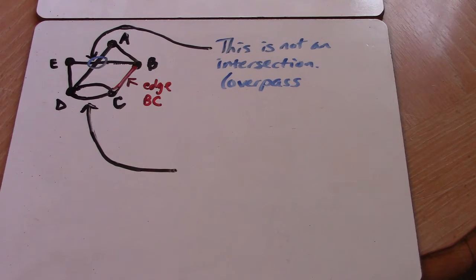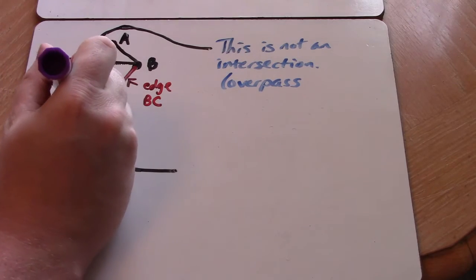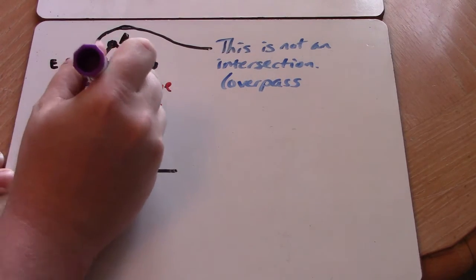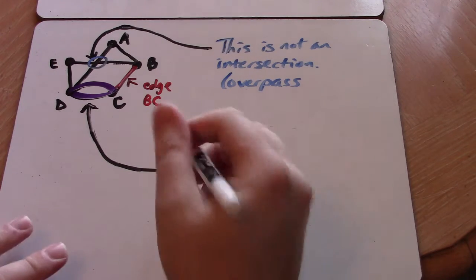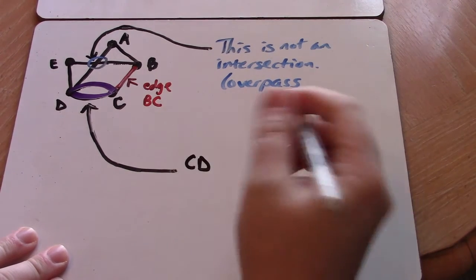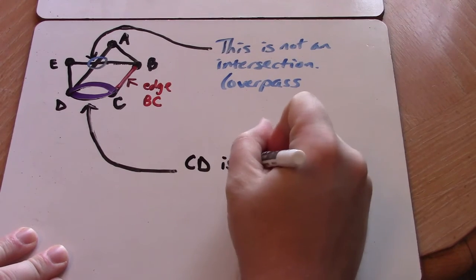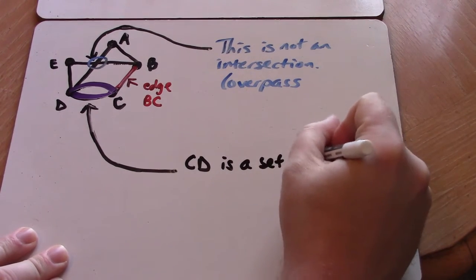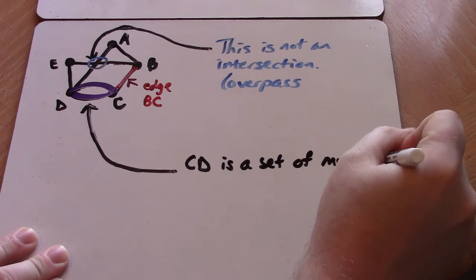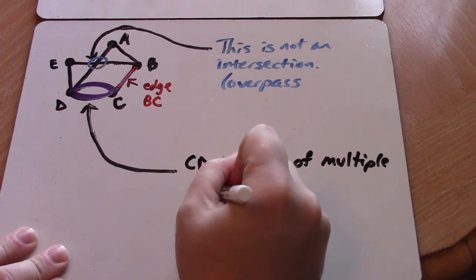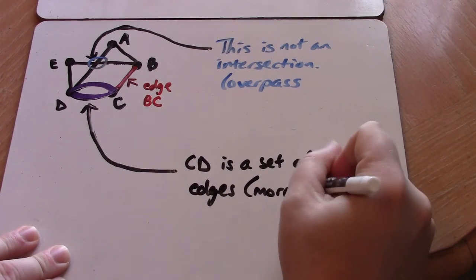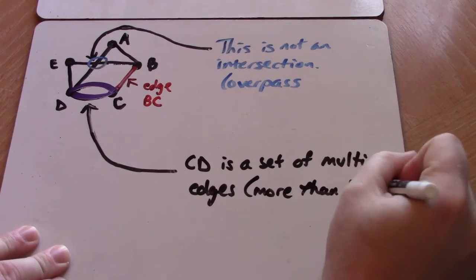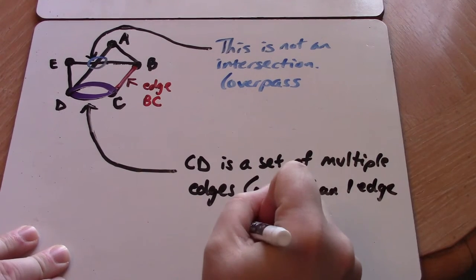Secondly, you'll notice a pair of edges that both start at C and end at D. Those edges, in this case those would be edges CD, is what's called a set of multiple edges, because there are more than one edge that we could name CD.